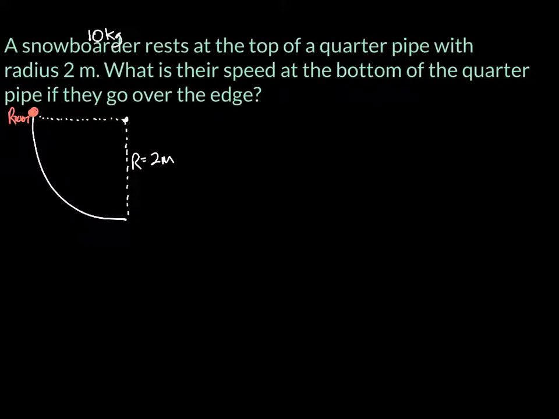Rocket slips over the edge there, inevitably will slide down to the bottom of the quarter pipe. And so what's the speed at the bottom of the quarter pipe if they just kind of roll over the edge there and let gravity do the work? So here's a thing to know, I guess.